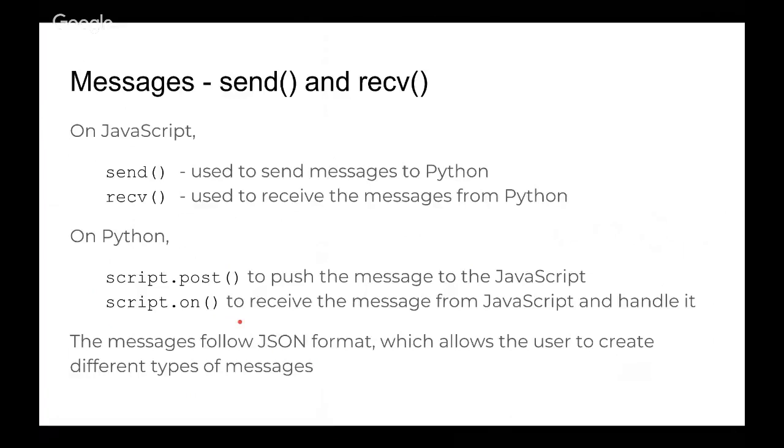By default, messages follow the JSON format. Whenever you send messages between JavaScript and Python, JSON is followed. With the help of JSON, you can create different types of messages. Say, for example, if you want to create an error message that the process has stopped, you can create that.